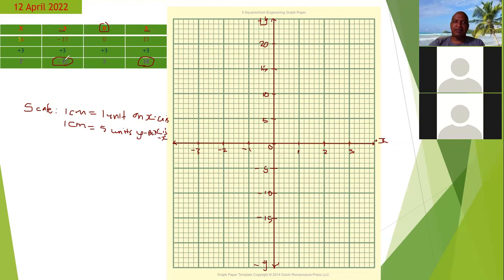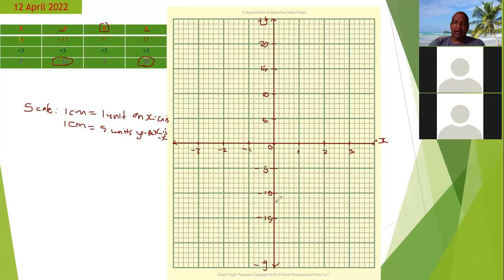So we have -3 with -12. On the x-axis, we go over to -3, and we come all the way down to -12. Now remember, we are counting by 5.